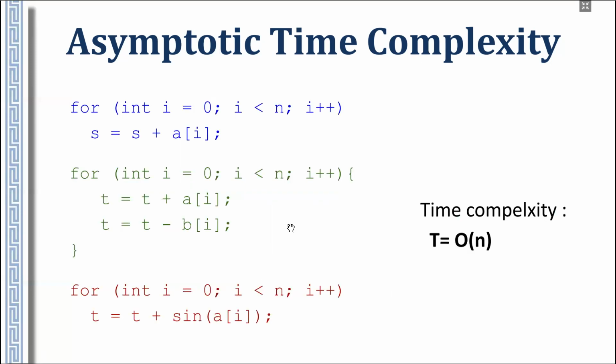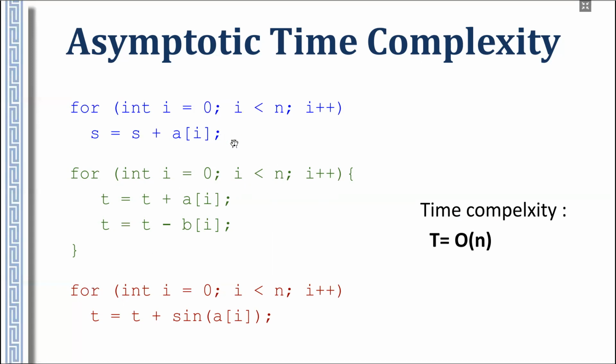So we can say that this blue code has n steps. Each step is constant. The green code also has n steps, and the red code also has n steps.